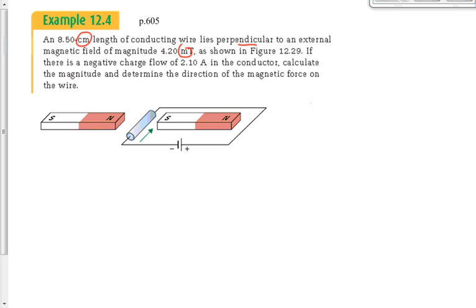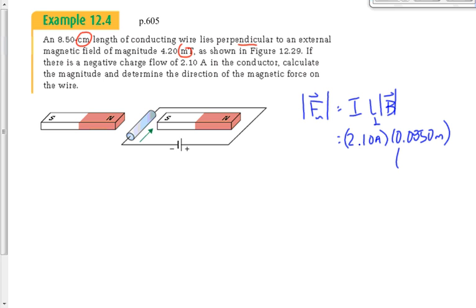Well, we can find the magnitude by saying ILB. The current is 2.10 amps. The length of the wire is 0.0850 meters, right? 8.5 centimeters. And the magnetic field is 4.20 times 10 to the minus 3.